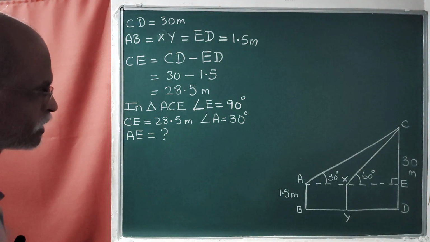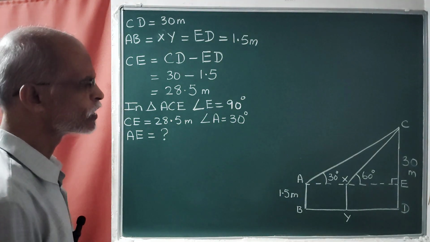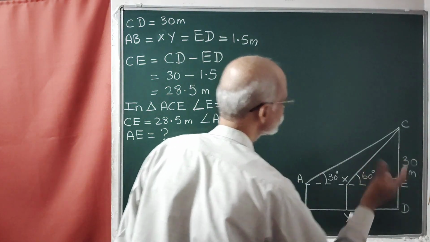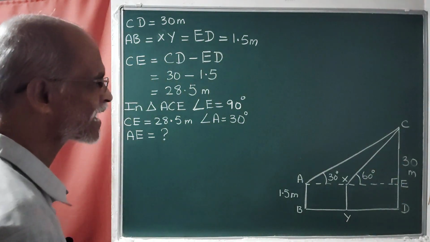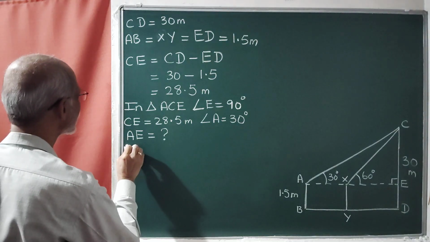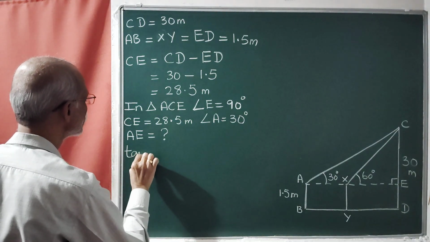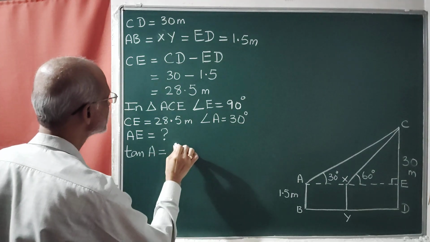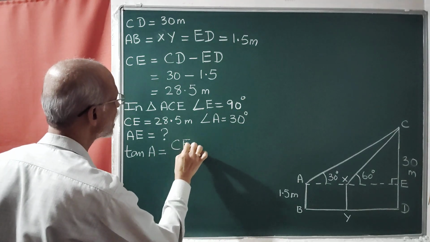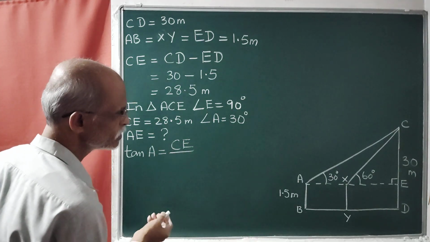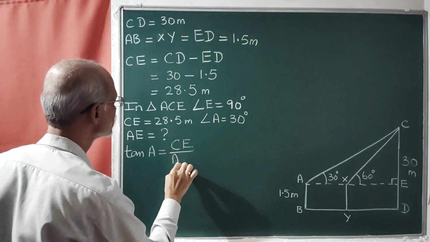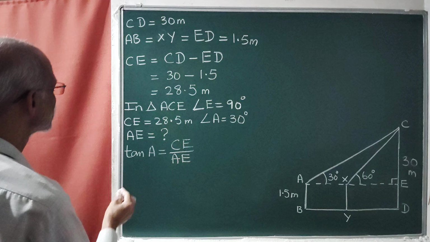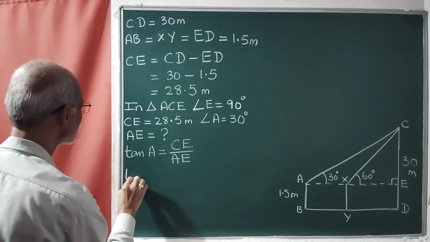So now, which ratio will link CE and AE? That is tan. So tan A is equal to CE, opposite side by adjacent side, CE by AE. So that is tan 30 degrees.